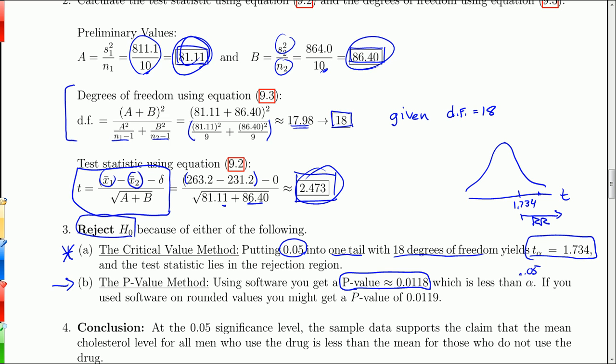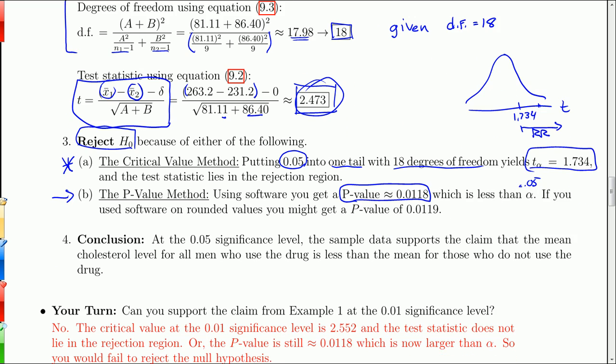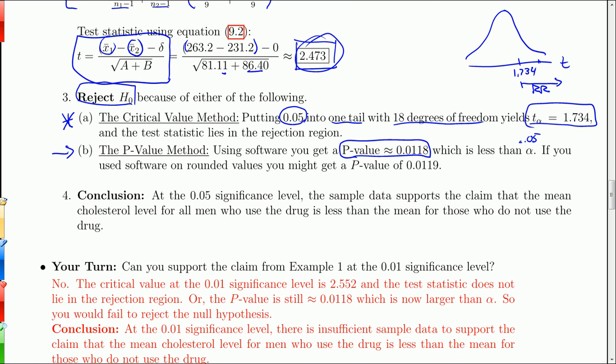If you use software on rounded values, you get a p-value slightly different, but still smaller than alpha. So we reject the null hypothesis. That allows us to support our claim. Specifically, at the 0.05 significance level, the data supports the claim that the mean cholesterol level for all men who use the drug is less than the mean for those who do not use the drug.